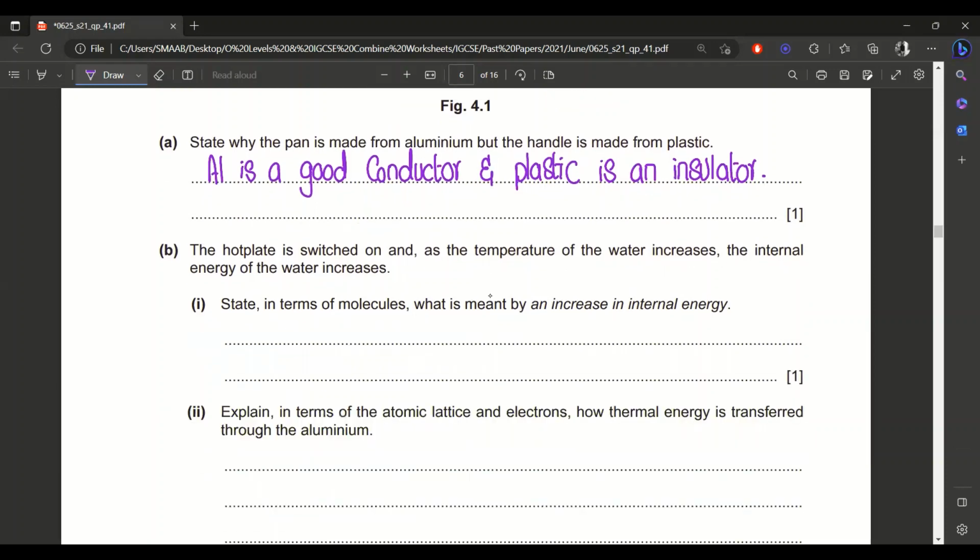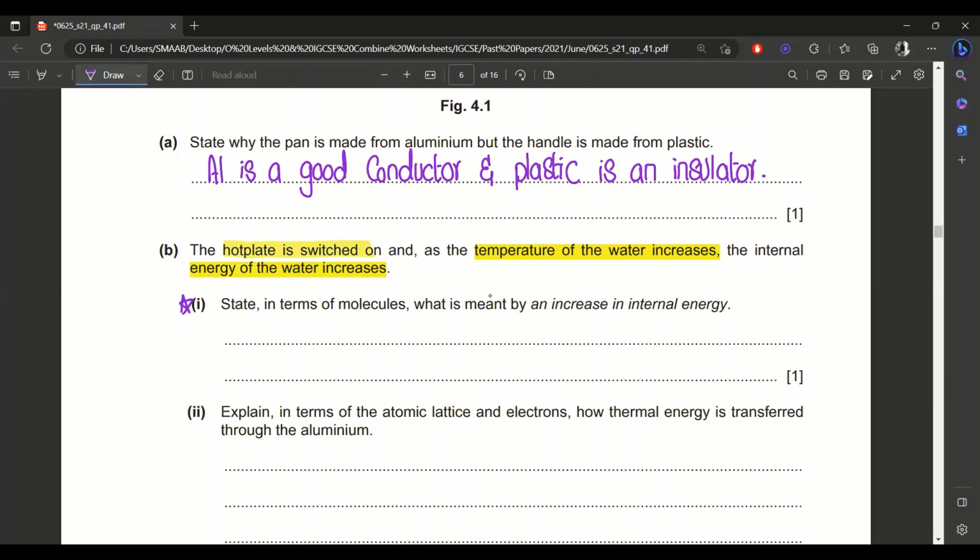And part B, the hot plate is switched on and as the temperature of the water increases, the internal energy of the water increases. So that's the increase in the kinetic energy of the particles. So that's why the internal energy of the water increases. And state in terms of molecules what is meant by an increase in internal energy.